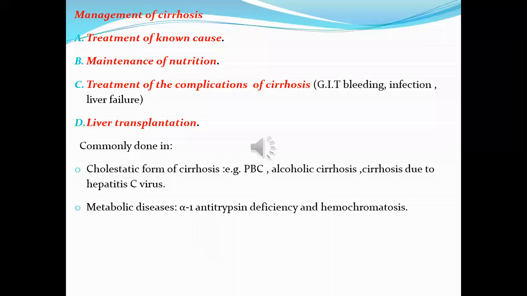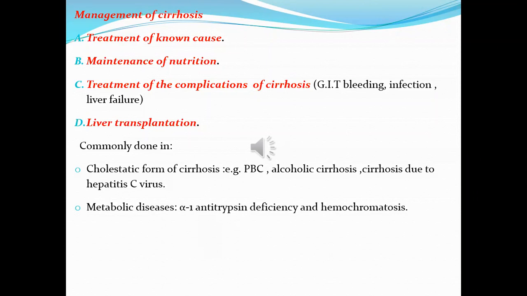The nutrition should be good, but a high protein diet should be avoided, because protein may be associated with increased nitrogenous substances and lead to hepatic encephalopathy. So patients with liver cirrhosis should take good nutrition.